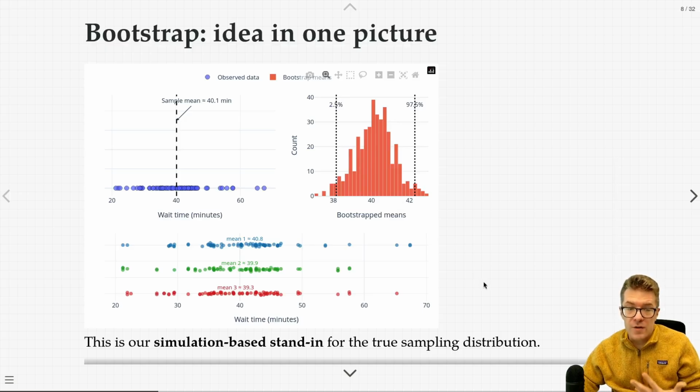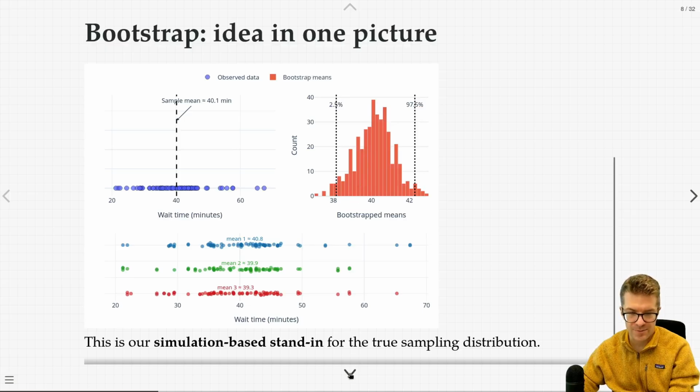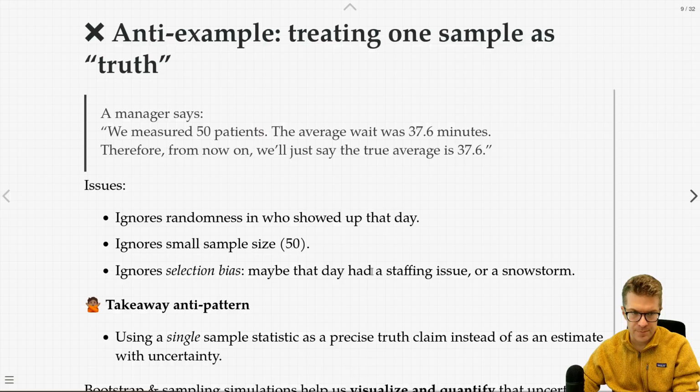It's a simulation, so we imagine that a different 10% of people came into the waiting room. This helps us estimate an earlier question we had on a previous slide, and it's a stand-in for the true sampling distribution. So we can be reasonably sure of our expectation because we've resampled so many times. There are, of course, challenges to this approach, but that will be left as an exercise to you.